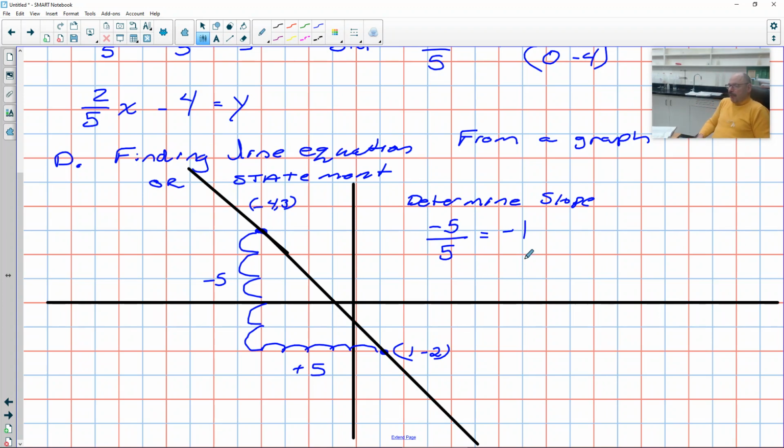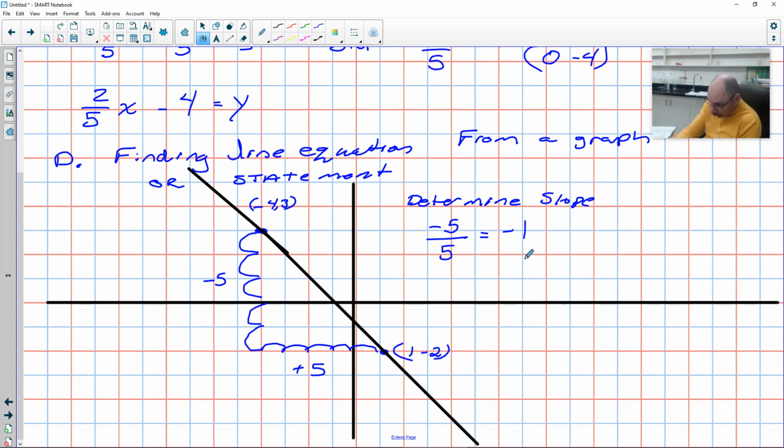Okay, now at this point, we can choose to find the y-intercept if it's there and use the y-intercept. Or we can choose one of the points and use the slope points for it. So there's now two choices to make depending on what's easier to do.